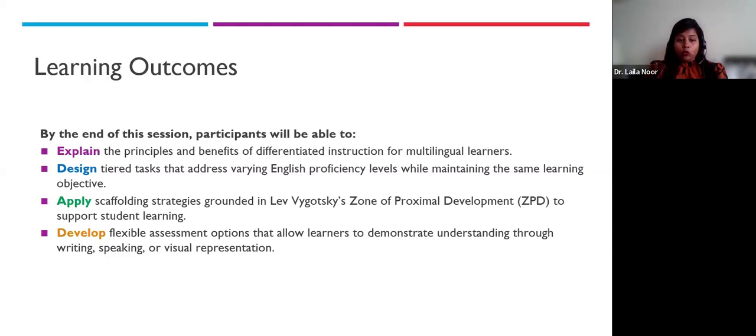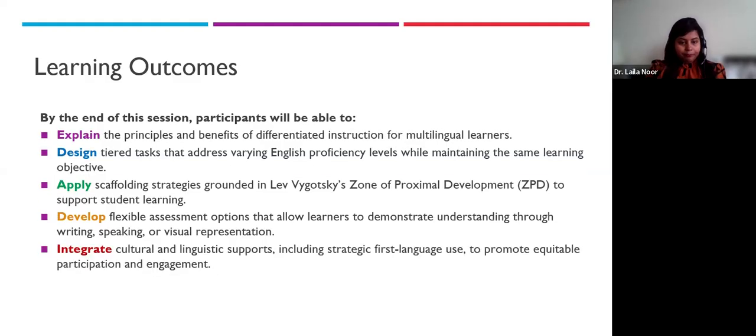The teachers will also be able to develop a flexible assessment process based on the learner's level, where the assessment process demonstrates the learner's understanding through writing, speaking, and visual representation.